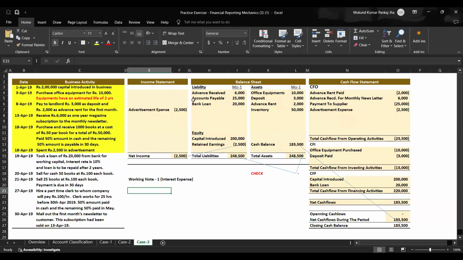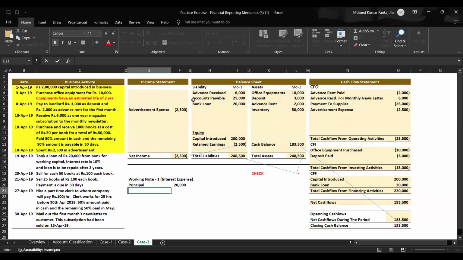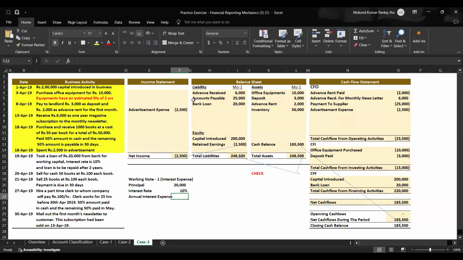Interest rate is 10%. Annual interest expense, because if you remember, Vijay, we discussed in the format of income statement, after gross profit, there was selling and distribution expense, office and admin expense, selling and marketing expenses.